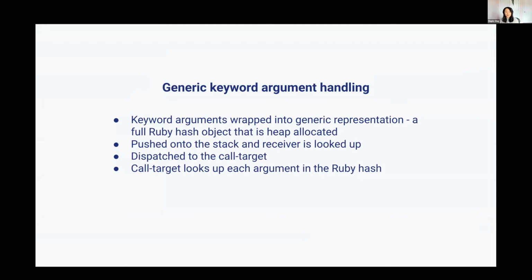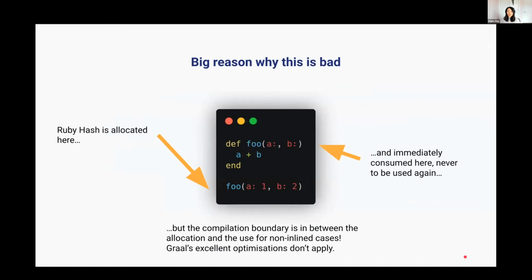Then the arguments are dispatched to the call target, where the arguments are then looked up within the Ruby hash. Because the arguments are converted into the Ruby hash at the call site, this style of argument handling is known as the call site specific implementation.